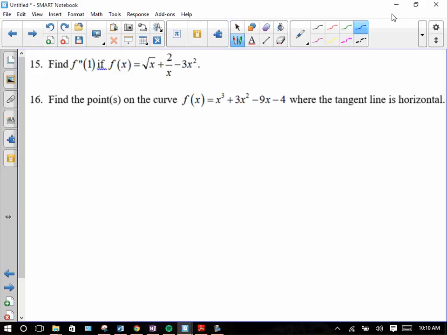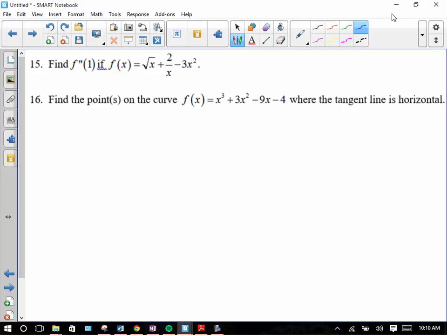Number 15, what do you need to do? The second one. Find the second derivative and then do what? You guys think you can do that with help going over it?